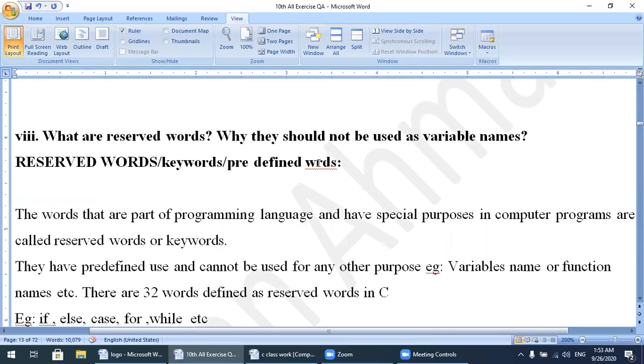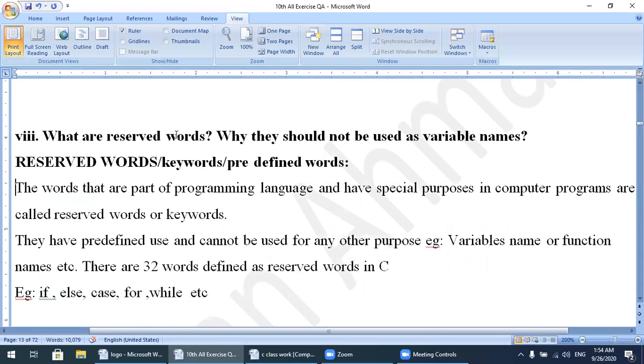But those words which have a predefined meaning, now I put the O again. Now this one is correct, and the word WORDS is present in the dictionary of MS Word.